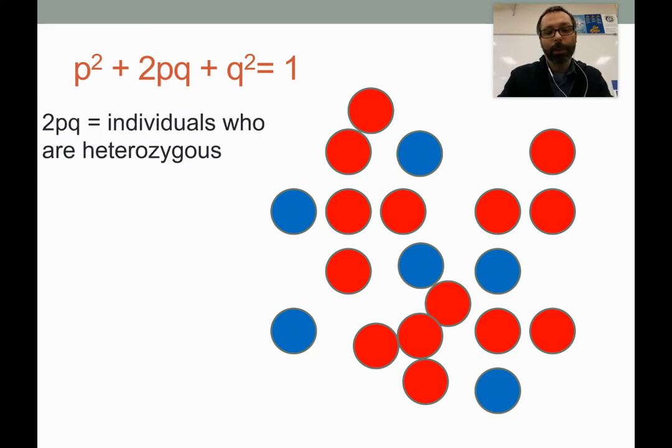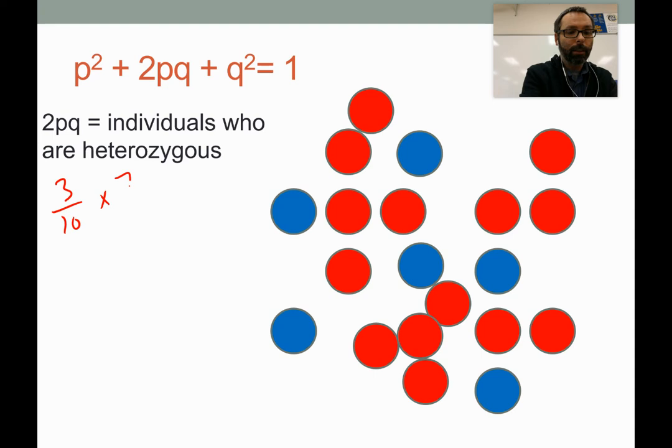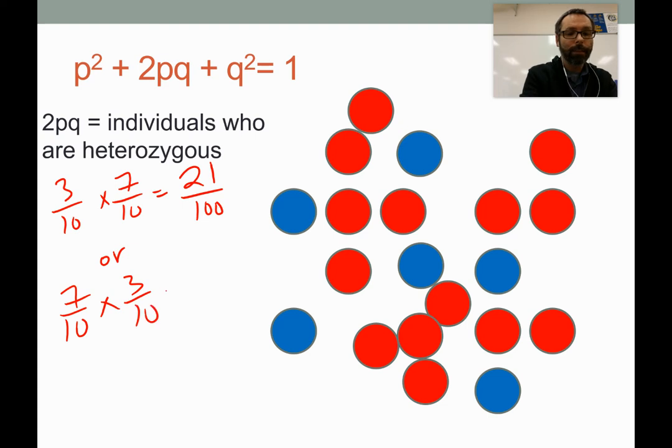Now, the 2PQ, the heterozygous individuals, are more complicated because of another one of the laws of probability. If I want to get somebody who's a big A, little a, the big A was 3, and the little a was 7, so 21 out of 100. But I could have reached in there and gotten the 7 first and the 3 second, which still makes 21.